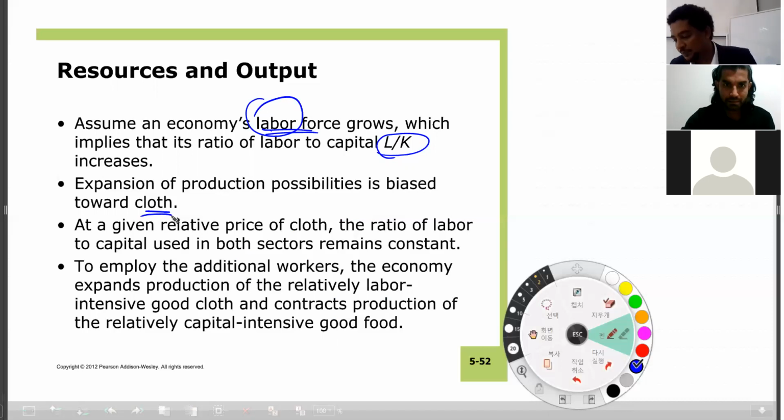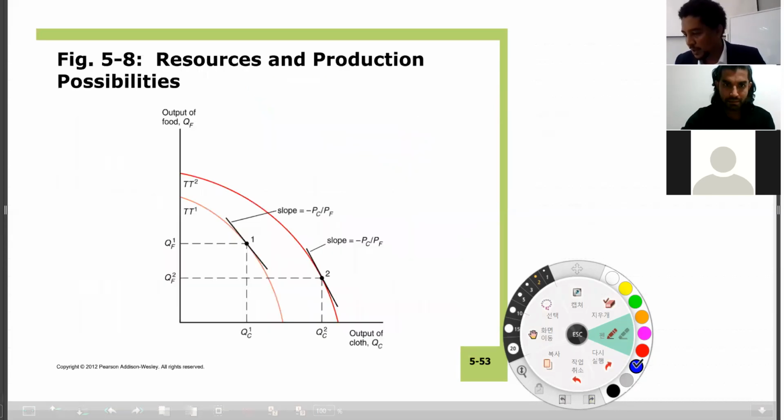So at a given relative price of clothes, the ratio of labor to capital used in both sectors remains constant. To employ the additional workers, the economy expands production of the relatively labor-intensive good, clothes, and contracts production of the relatively capital-intensive good, food. Because the economy has more labor, you use more labor in clothes production, which means you now have to decrease the production of food.